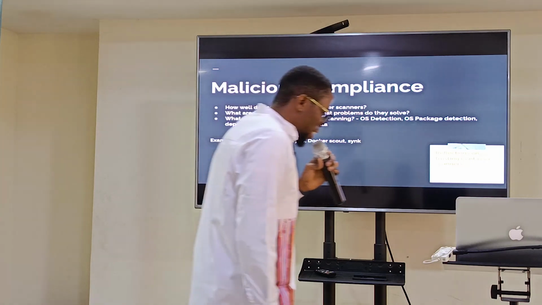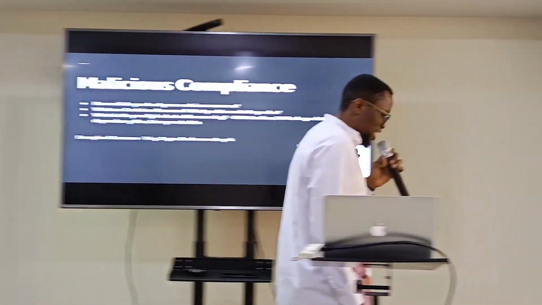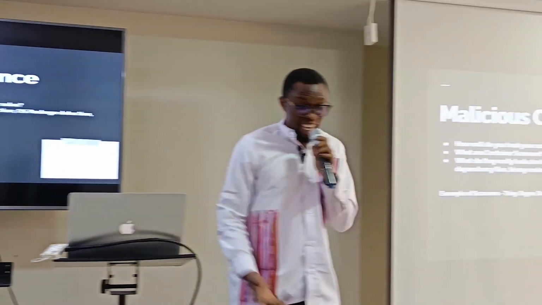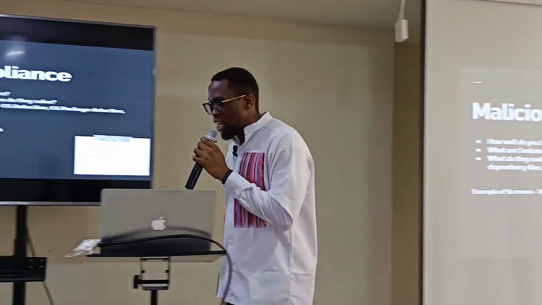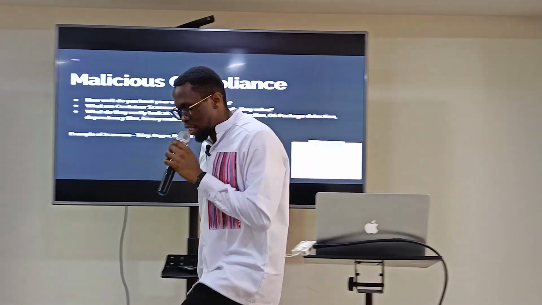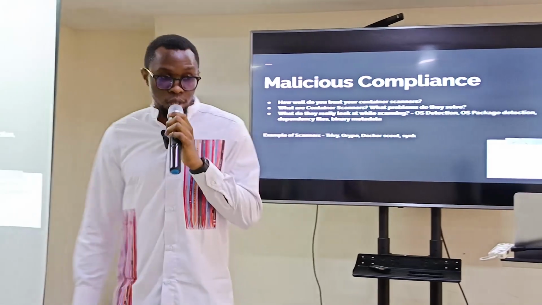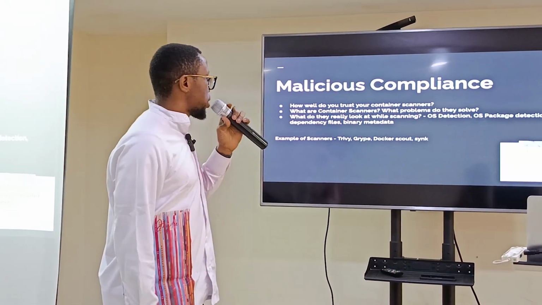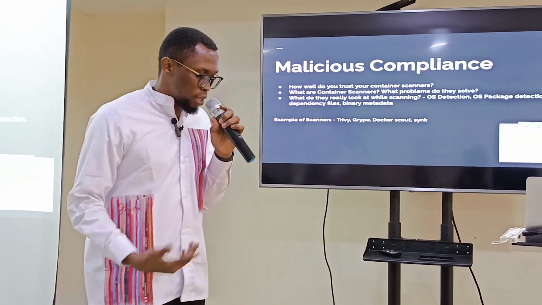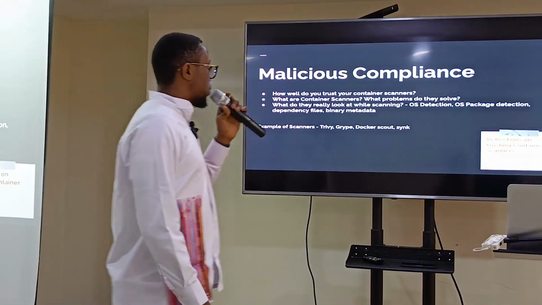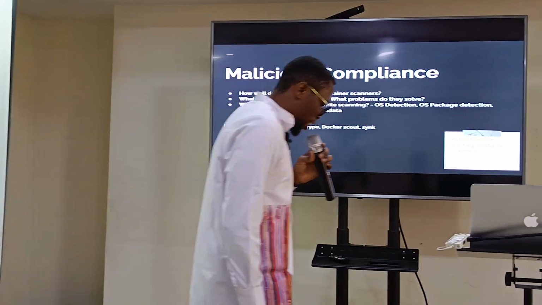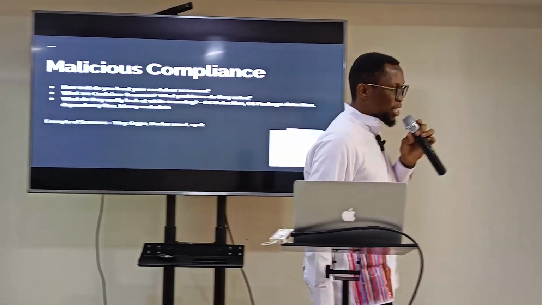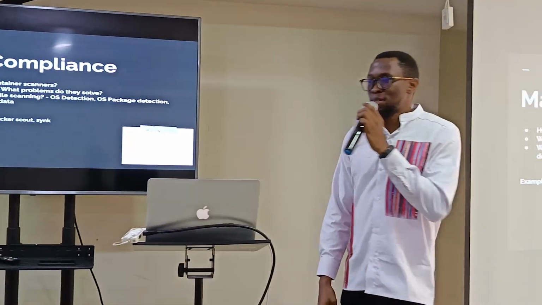This brings us to a term I came across recently, malicious compliance. I think it was done by a group of security hackers on the recent CNCF. So malicious compliance, what does it mean to be malicious and yet compliant at the same time?